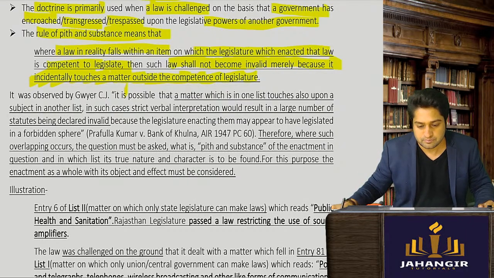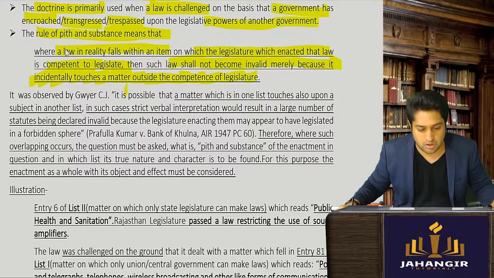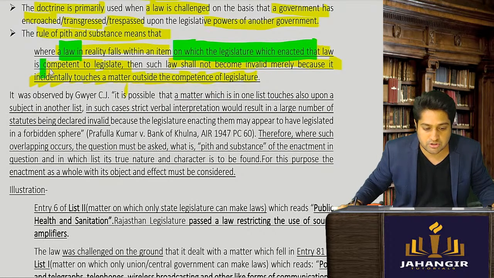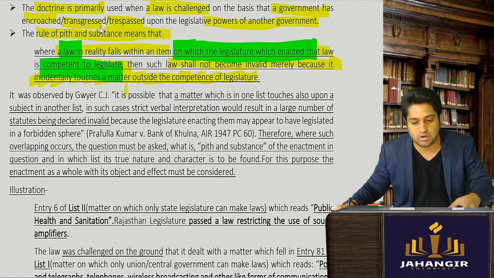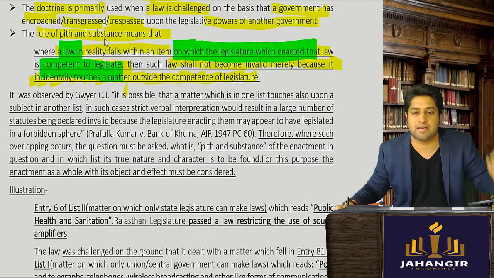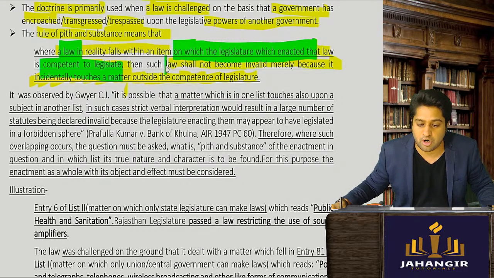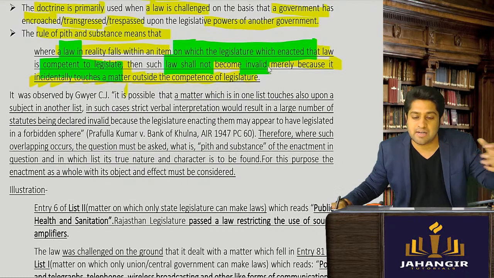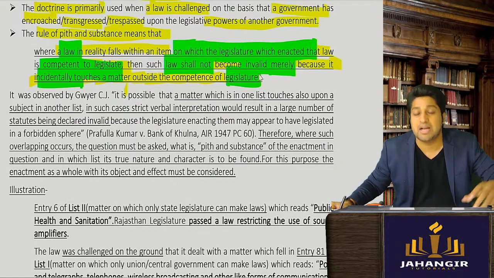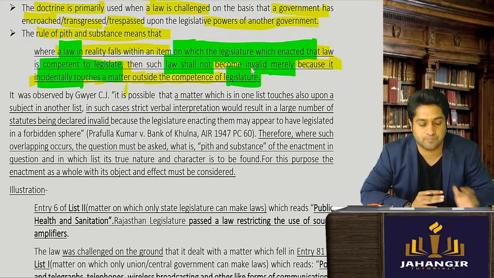Means, if a law falls within a subject on which the legislature is competent to legislate, so I have made a law on a matter which I am competent to make, this law will not become invalid merely because it has incidentally touched upon a matter of some other state government.